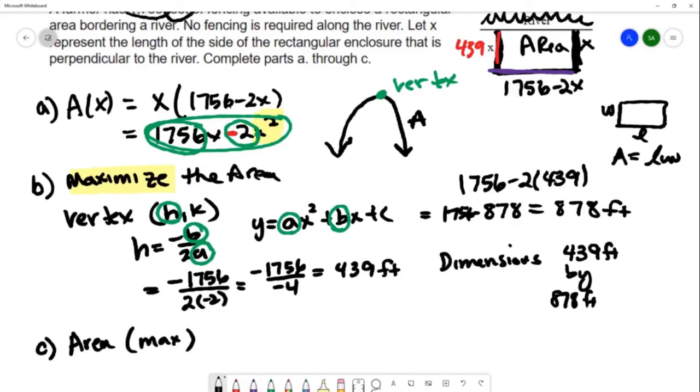You can substitute this value of 439 into the area function, or because you have the dimensions of the rectangle, you could just multiply length times width. So you could do 439 times 878 to get 385,442 square feet as that area that is the maximum.